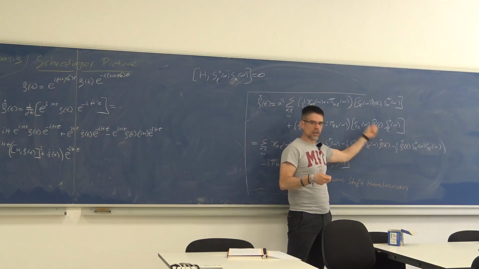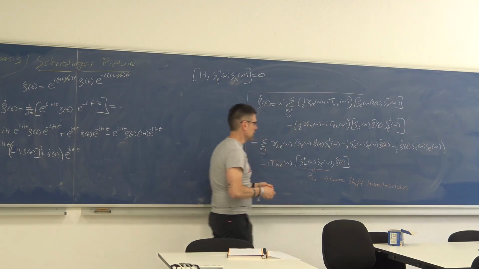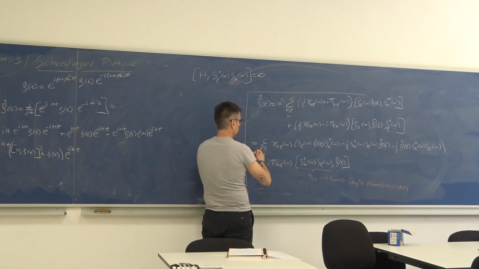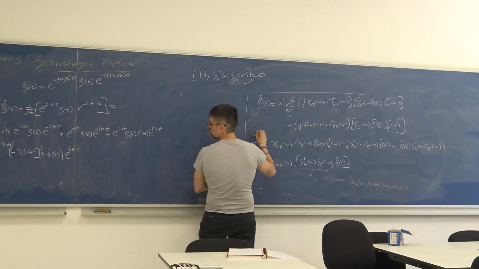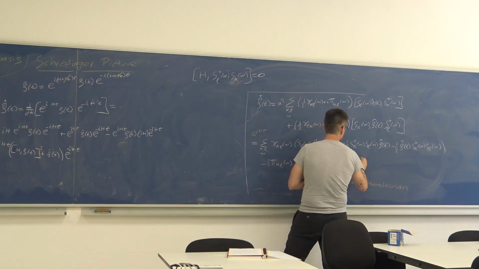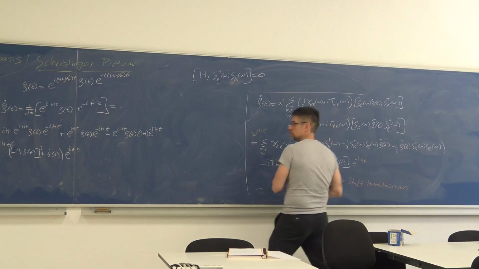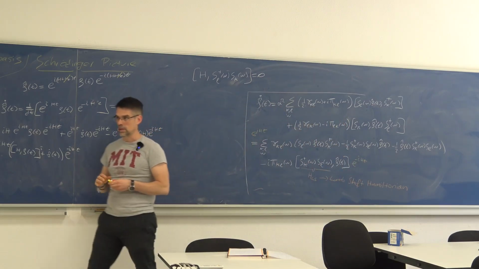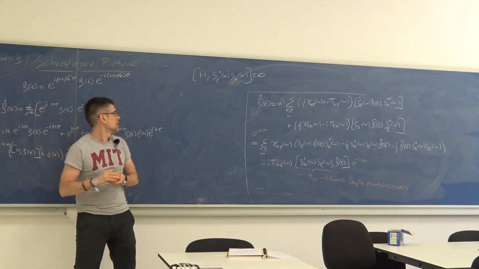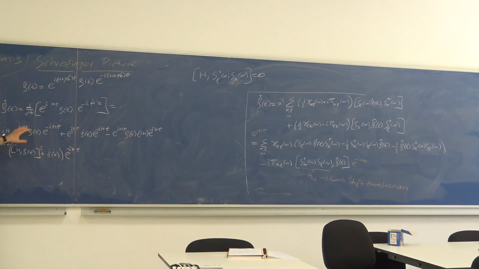Here you just directly commute. And at the end, what you will get is the same as here, but with an exponential of iHt here and an exponential of minus iHt here. That's the only thing that will happen, because all the operators come in pairs. Here it doesn't happen, because here we don't have these S operators.